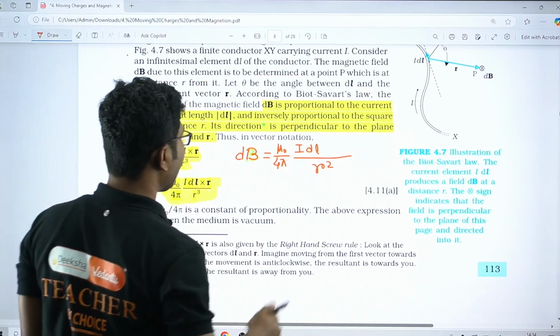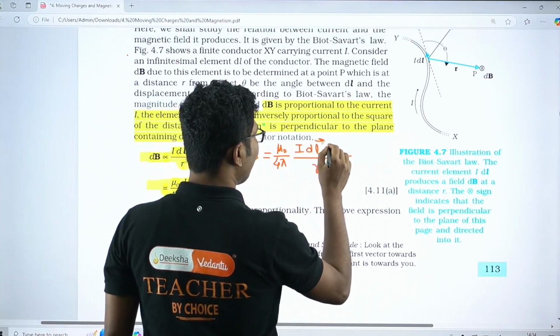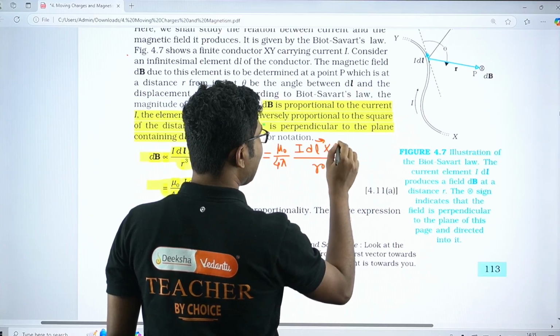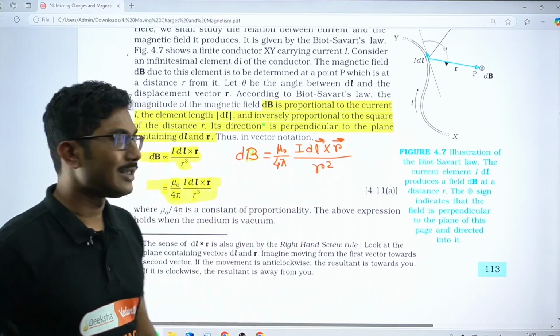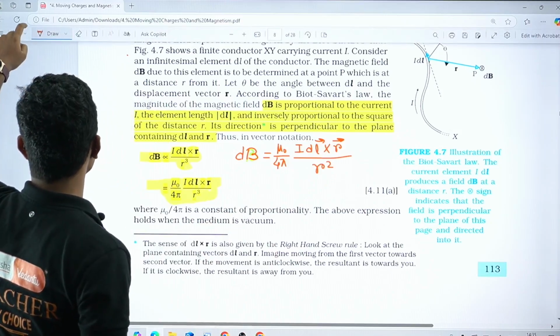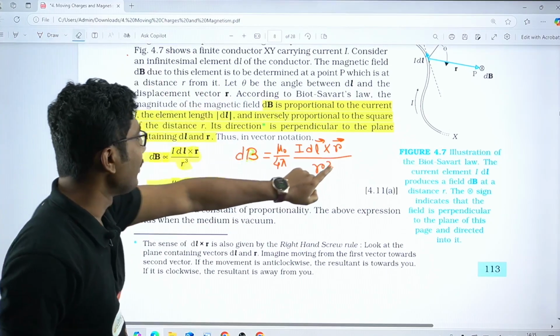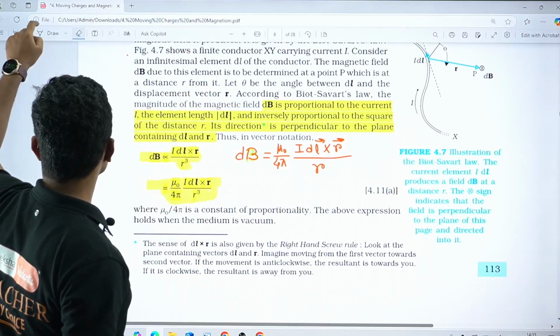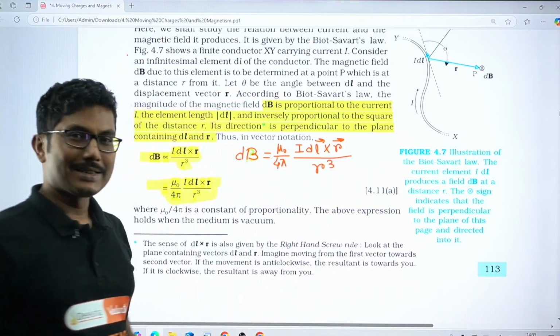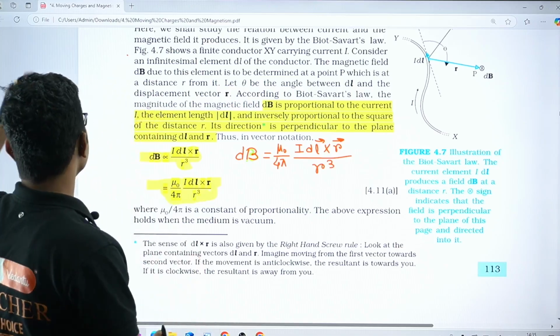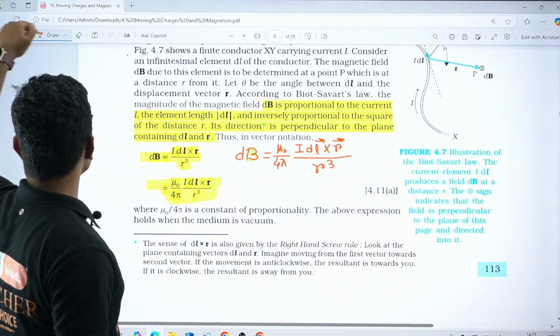If you are writing this r vector, you are adding one extra r in the numerator. To balance that extra r, you are dividing by one more r.